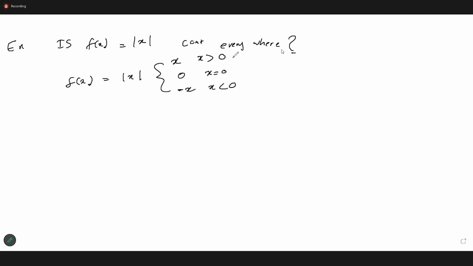So I will give some hint. The task is you have to prove this, right? You can use the terms that we learned in the previous section, not the earlier one, the very recent one, and you can write down that this is continuous.